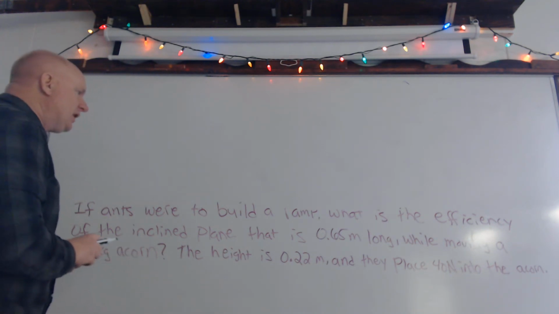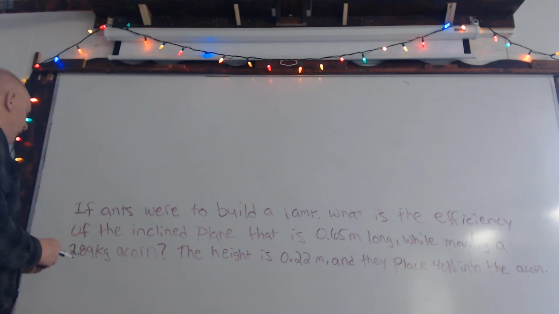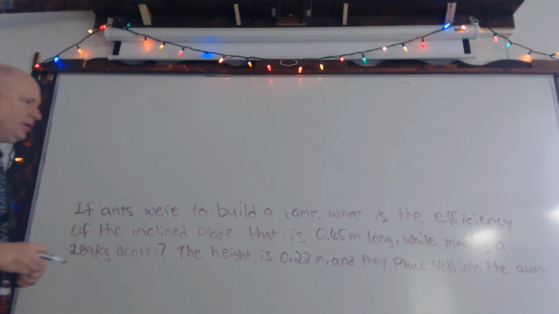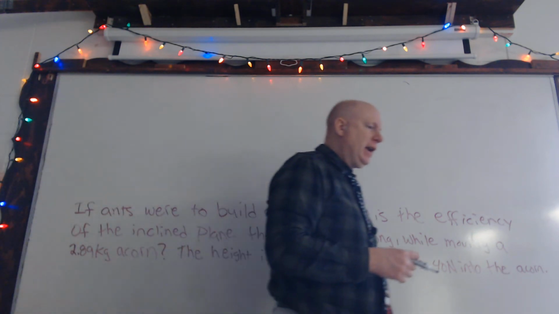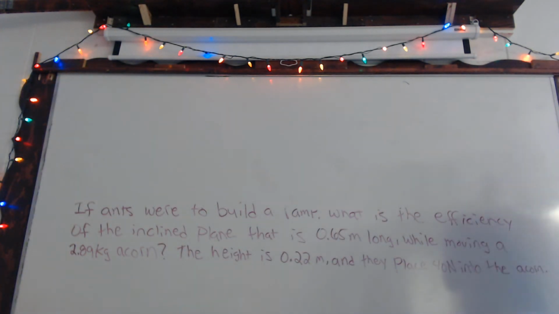That is 0.65 meters long while moving a 2.89 kilogram acorn. The height is 0.22 meters, and they place 40 newtons into the acorn. We say they, we're talking about the ants performing that on the acorn.